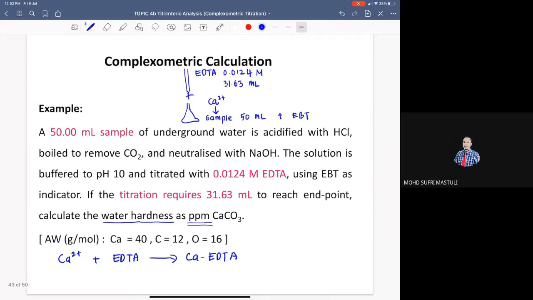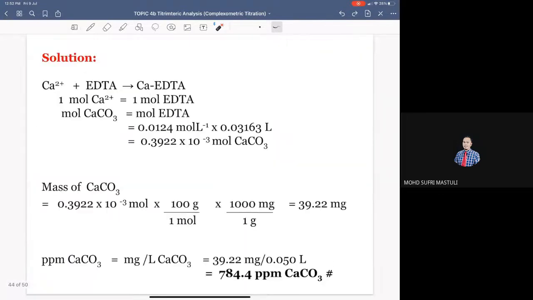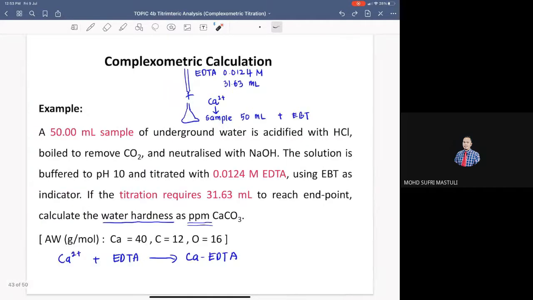From the equation, 1 mole of calcium reacts with 1 mole of EDTA. And then we can calculate the moles of calcium, because the information for EDTA, the molarity and volume, is already given here.